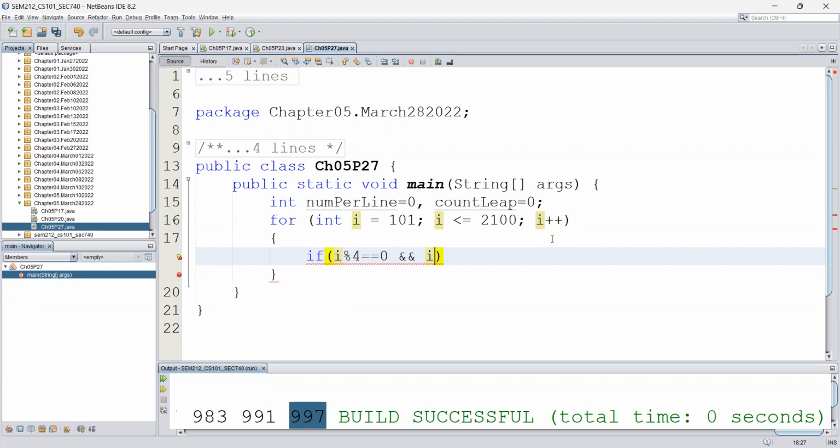Leap years come after 4 years. Okay, this is one condition. It should be divisible by 4 and should not be divisible by 100, or it should be divisible by 400.